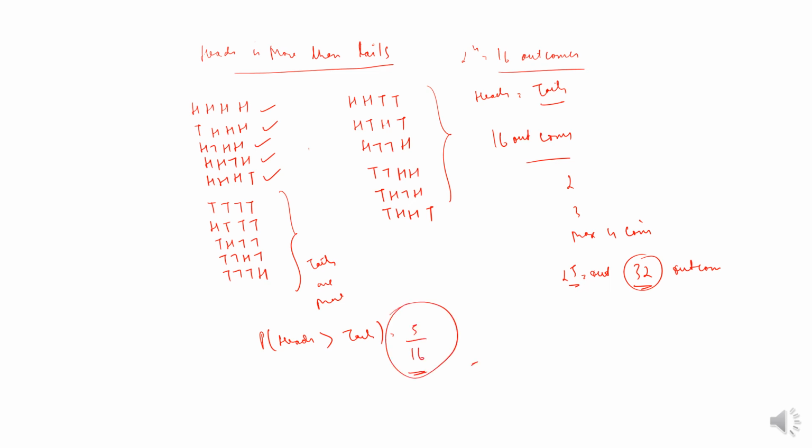So in order to answer this question, you should know how the sample space is written. This is very, very important for 2 coins, 3 coins and 4 coins at least. Once you know the sample space, then you can write it.